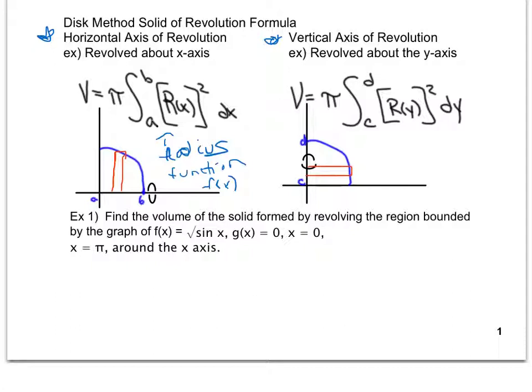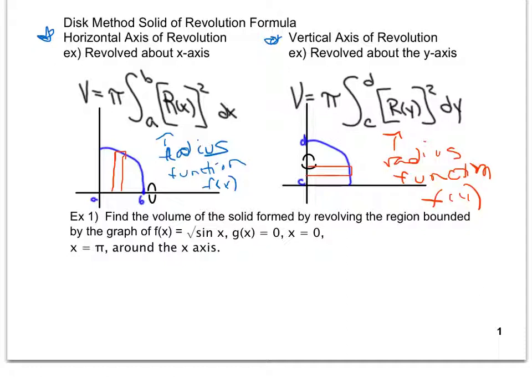So for that reason, I'm going to make sure that I use my limits in terms of y values as opposed to x values. And I want to make sure that my width is represented by dy and that my radius is represented by my function, but my function needs to be in terms of f of y instead of f of x. So in other words, solve for x as opposed to solve for y.